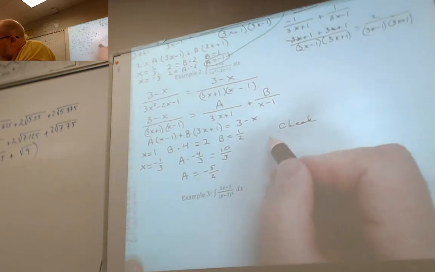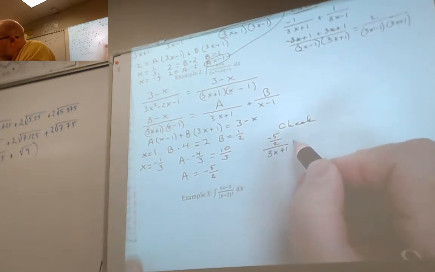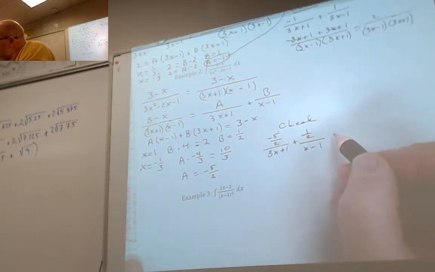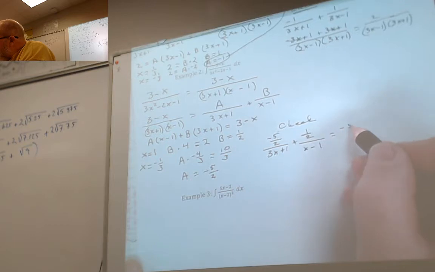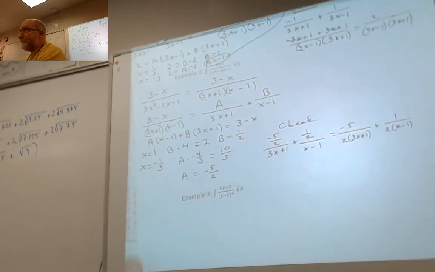I have negative 5/2 over 3x plus 1, plus 1/2 over x minus 1, which gives me negative 5 over 2 times 3x plus 1 plus 1 over 2 times x minus 1. Are we all right with that?